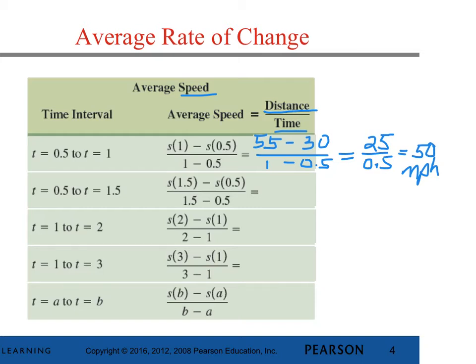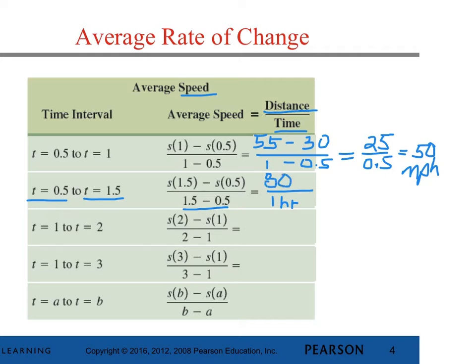During the time of our trip from the first half hour to the end of the first hour and a half, you see here that we've actually traveled 1.5 minus 0.5. We've traveled for 1 hour. And at the end of that 1.5 hours, we had gone a total distance of 80 miles, not miles per hour.